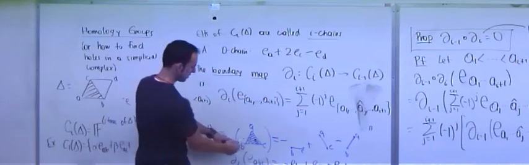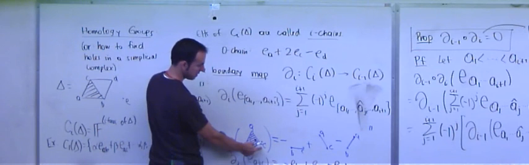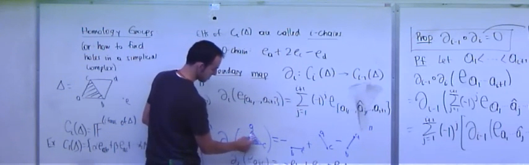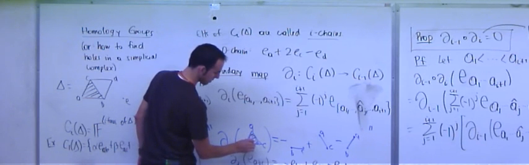Because I'm getting minus BC, which is backwards, then plus AC, which is minus CA, and minus AB. So this is exactly this convention.